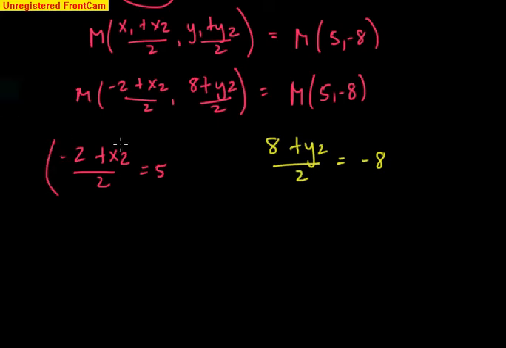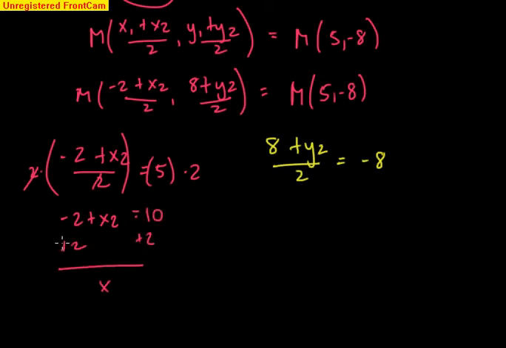So first thing I would do, times by 2. Get the denominator gone. Negative 2 plus x2 equals 10. And then we'll add 2. So we have x2 equals 12. So there's the x of my B point. It's 12. Now let's do the same thing over here for the y coordinate.